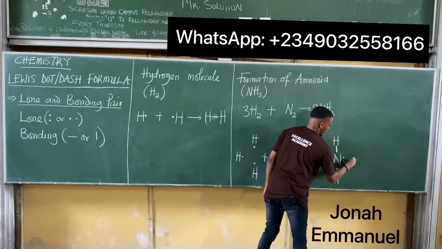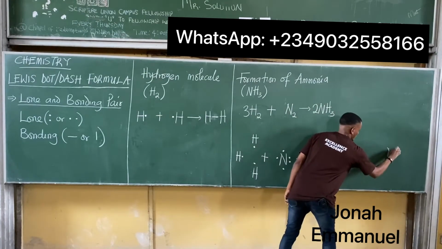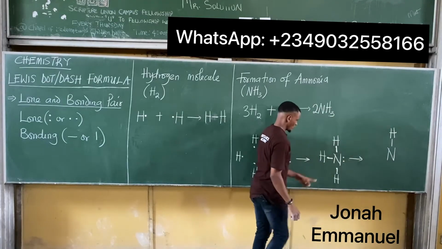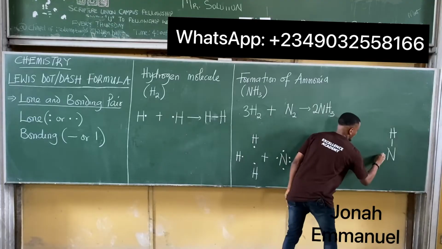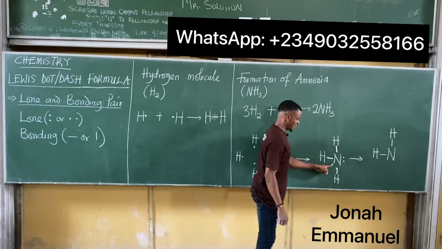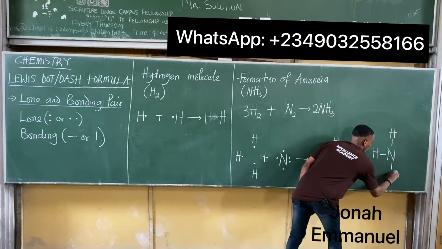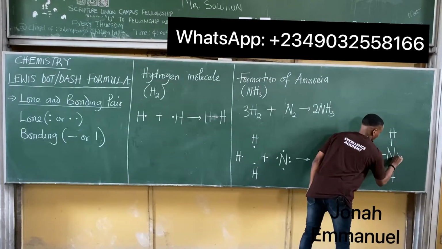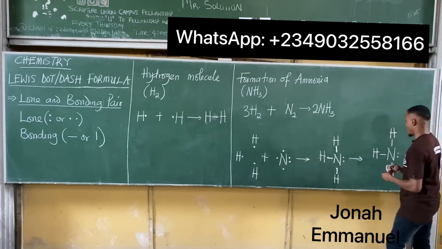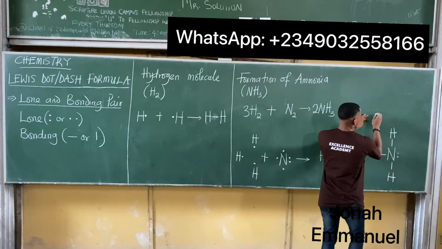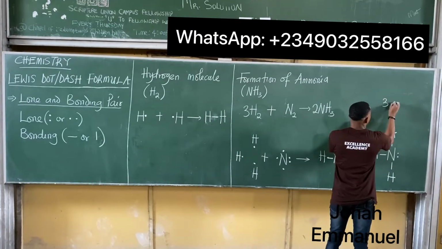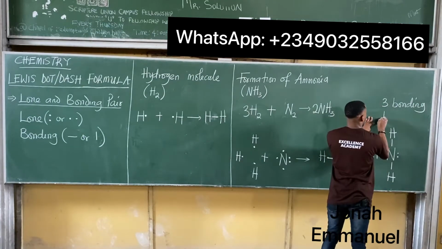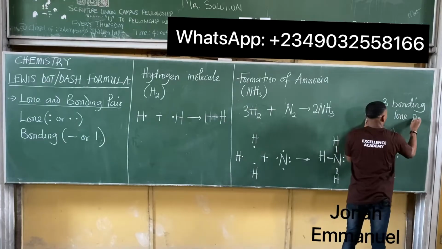So that means the Lewis structure becomes nitrogen, 1 dash upwards to hydrogen, 1 dash to the left to hydrogen, 1 dash downward to hydrogen, and then you have a double lone pair. So that means in ammonia I have 3 bonding pairs. Ammonia has 3 bonding pairs and 1 lone pair.